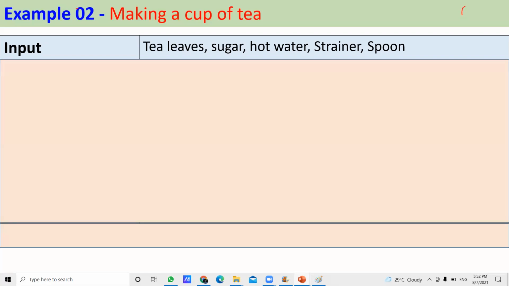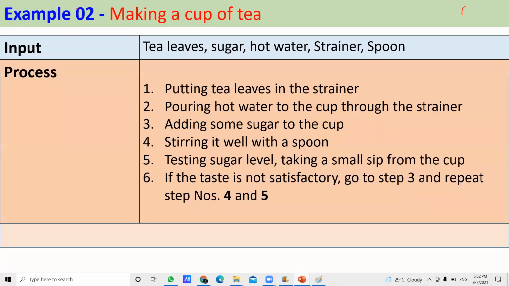Before that, tell me what steps you think about for how you are going to make it. What are the things you are going to do for these identified data inputs? Right. That's one way of making a cup of tea. There are some other ways also.